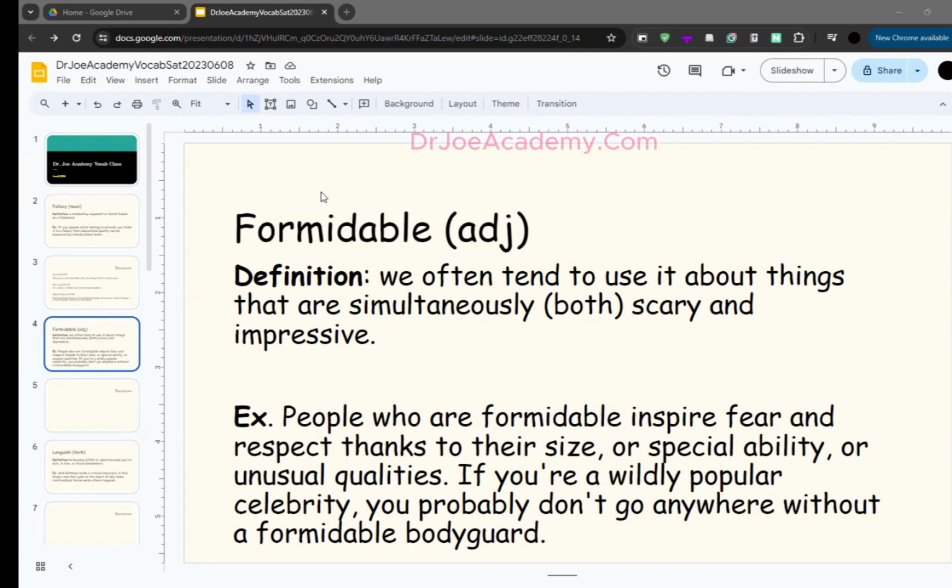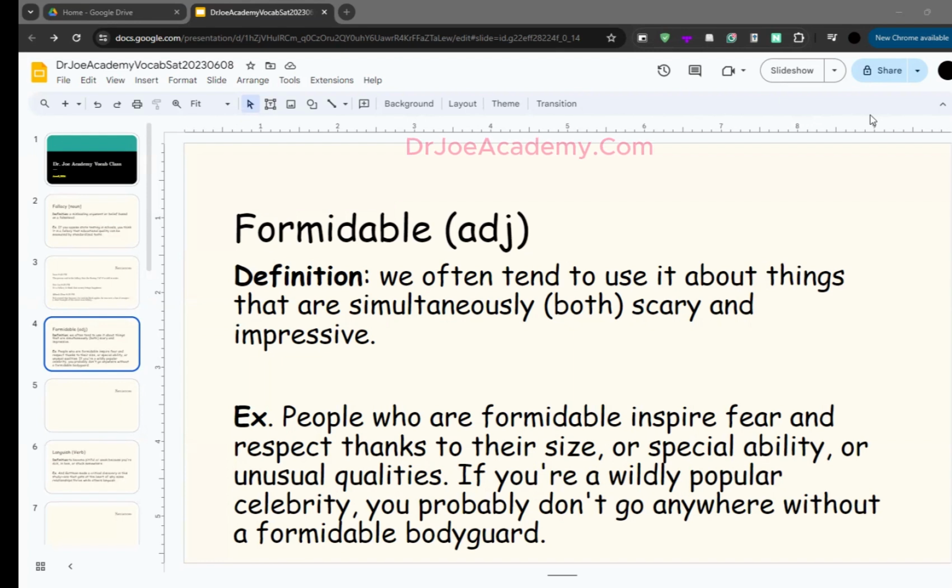If you're a wildly popular celebrity, you probably don't go anywhere without a formidable bodyguard. Great job, Lucas. So the word formidable is an adjective that we would use to describe something that is so impressive that it is a little bit scary.